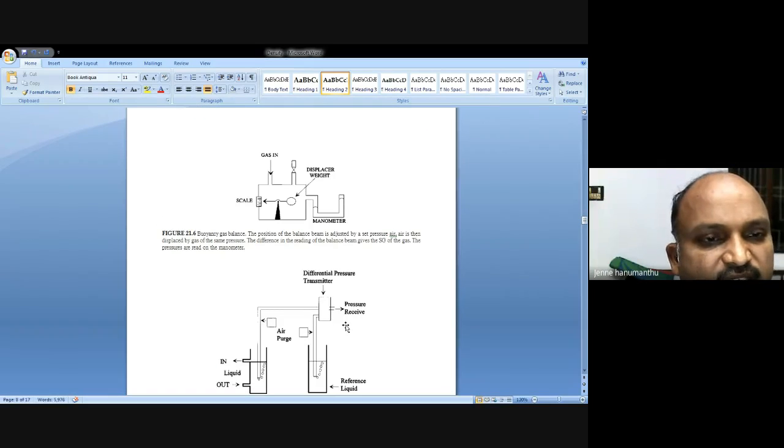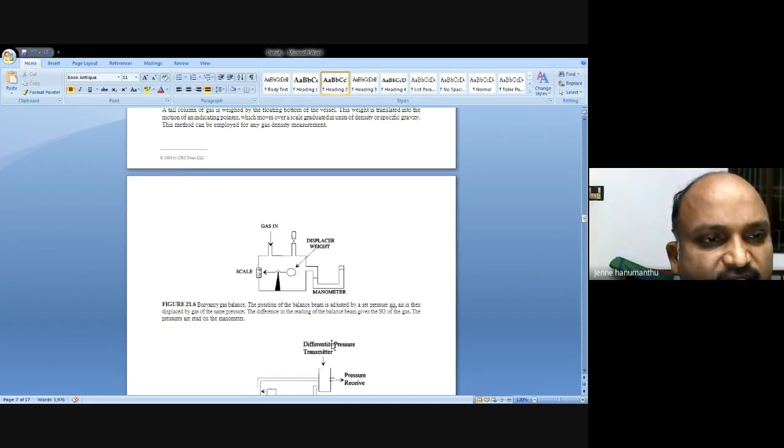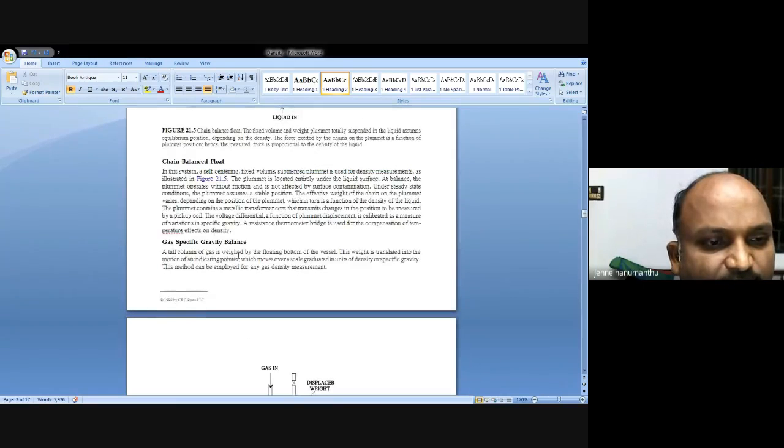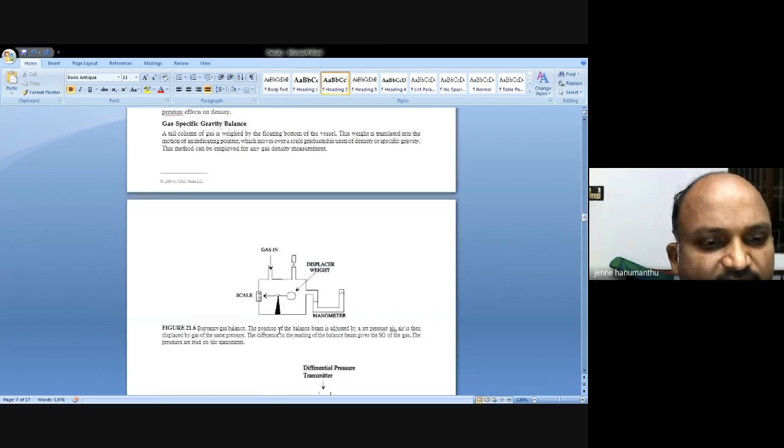The next one is for gases, the gas specific weight balance system. In this, there is a complete chamber, a scale, and a displacer weight.